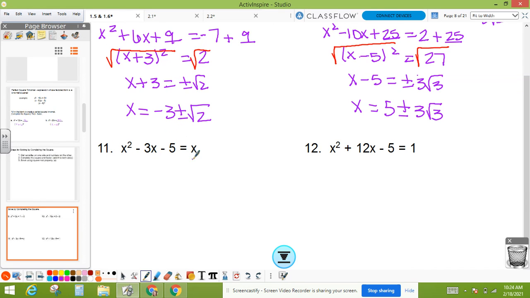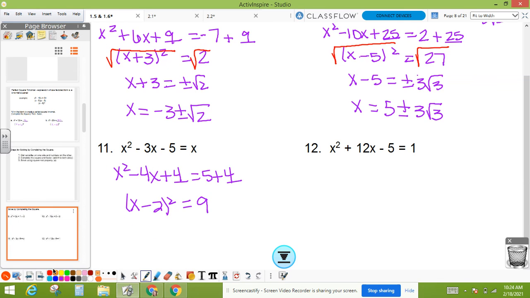All right, so 11, we need this x to come over here. So if I subtract x, that's going to make this negative 4. And I need 5 over here, so add 5. So we have a plus blank equal to 5 plus blank. Here we're going to do x minus 2 as our factored form. 2 squared is 4. We have 9.